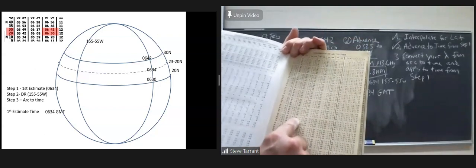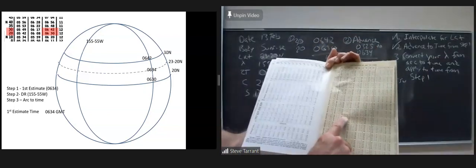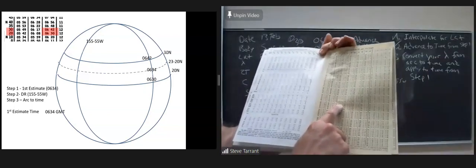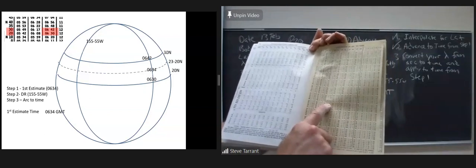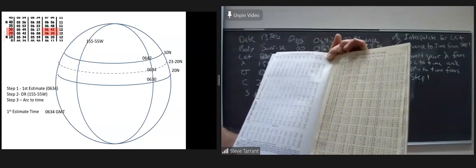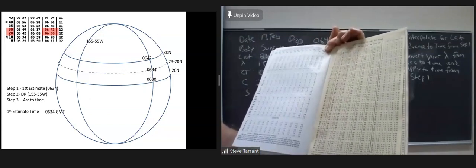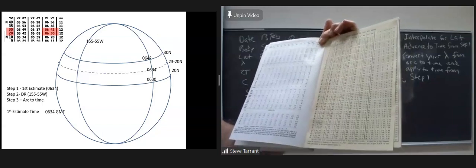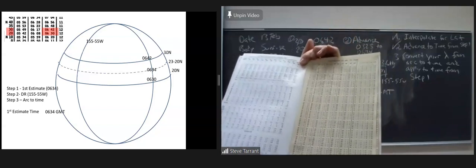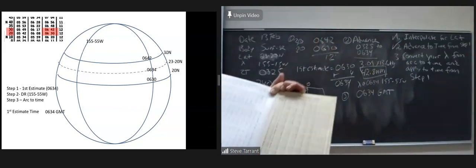Here is 155. It's 10 hours, 20 minutes of arc. Everybody see that? It's right after Polaris, so it should be 277, or right after 276. I think it's the first yellow page. So 155 is 10 hours, 20 minutes.